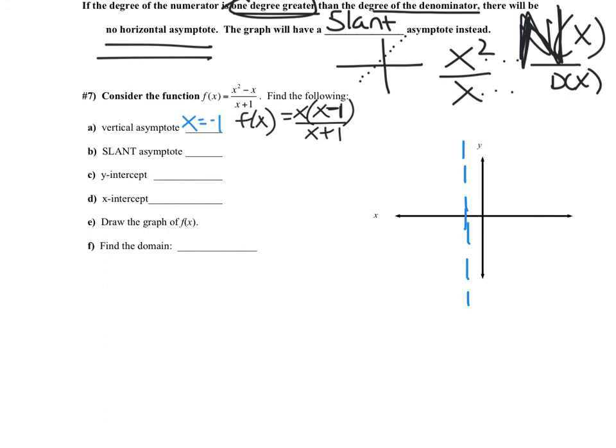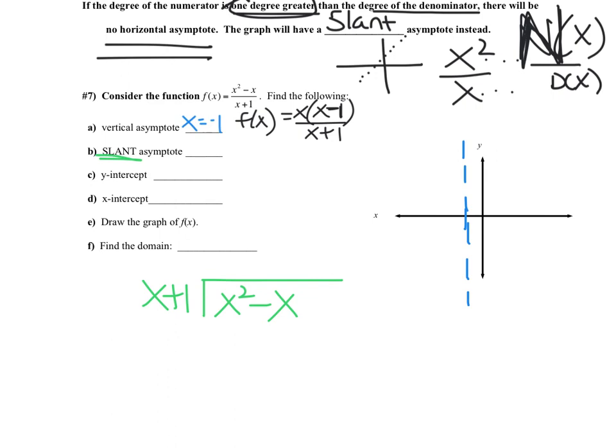This one has no horizontal asymptote, but there is a slant asymptote. So let's find the slant asymptote. Here's how you find it. You are going to take x plus 1, which is the denominator, and divide it into x squared minus x, the numerator. You can use synthetic division if you want. I'm just going to use long division.